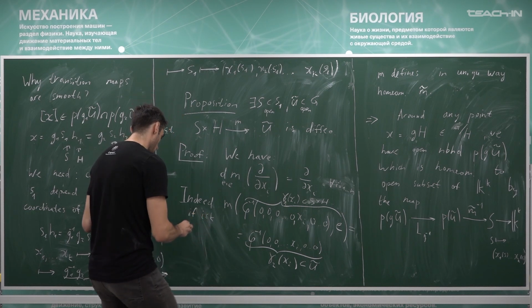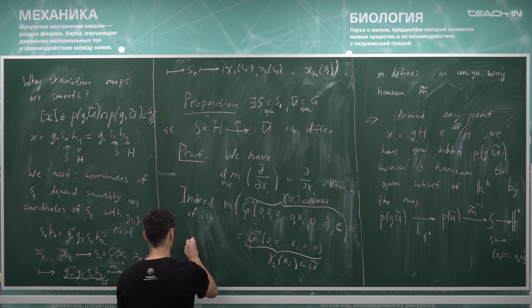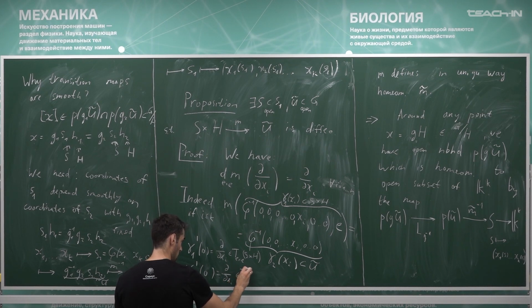Another thing that I should write is that gamma 1 prime of 0 is d over dxi, which we look at as a tangent vector at e times e of S times H, and gamma 2 prime at 0 is d over dxi as a tangent vector at e of U tilde.